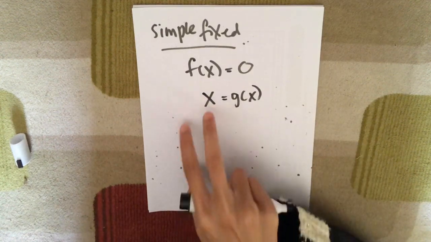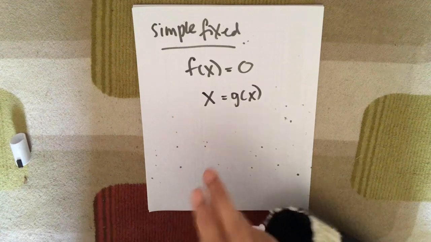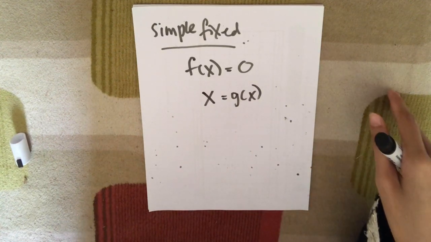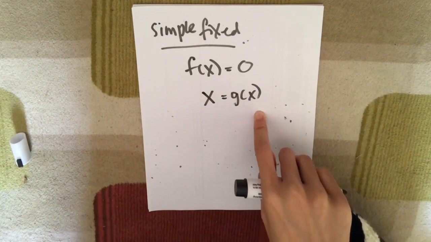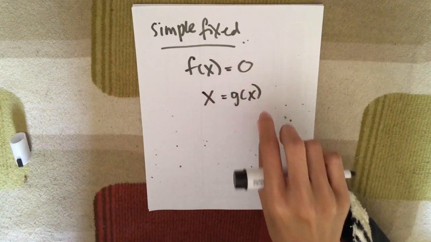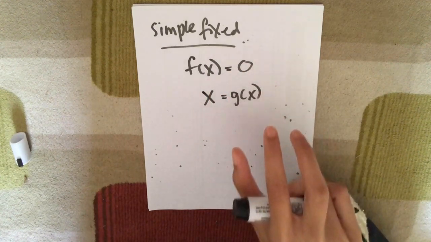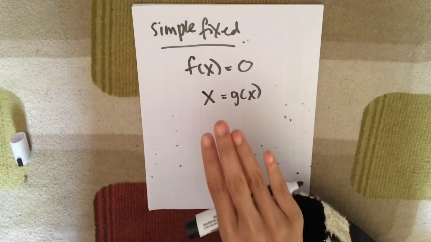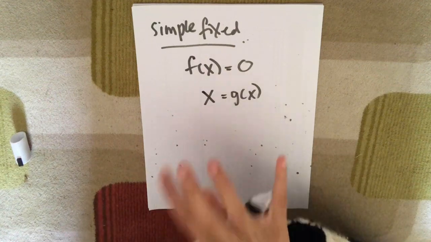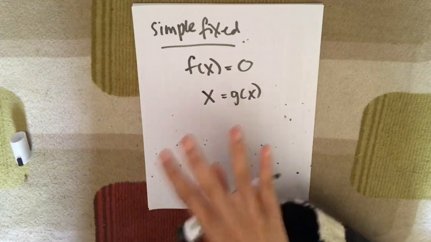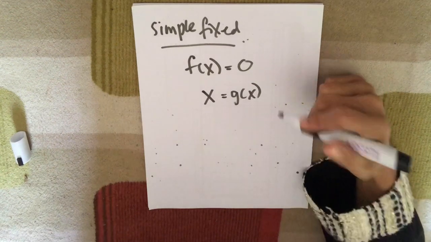You will leave one x at the left hand side and bring the rest to the right hand side. Because this is f(x), it means there is a variable x inside there. So what we do is make x the subject, and then bring the rest to the right hand side like this.